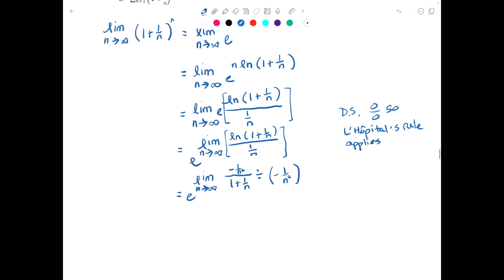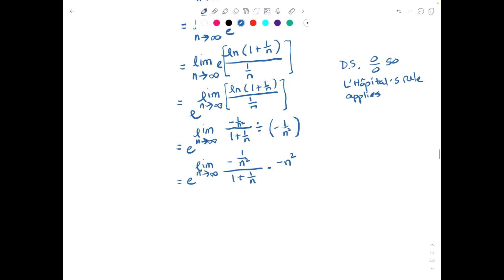Now when I simplify this, I'll get e raised to the limit as n approaches infinity of negative 1 over n squared over 1 plus 1 over n, and then times negative n squared. Well, that divides out the numerator.